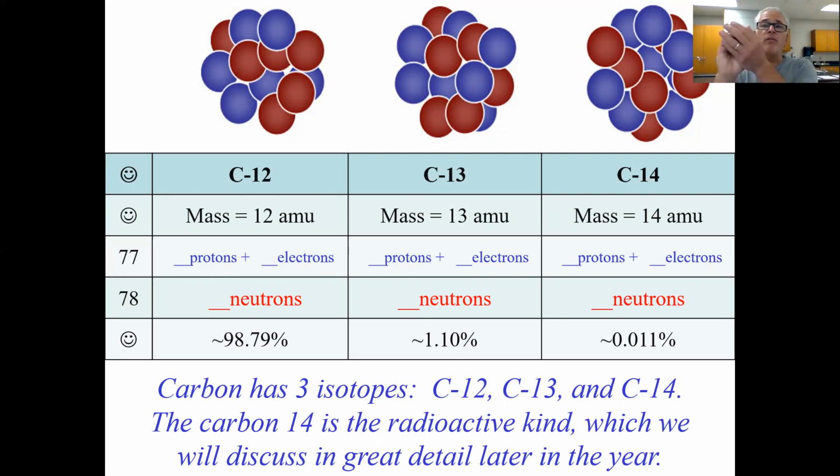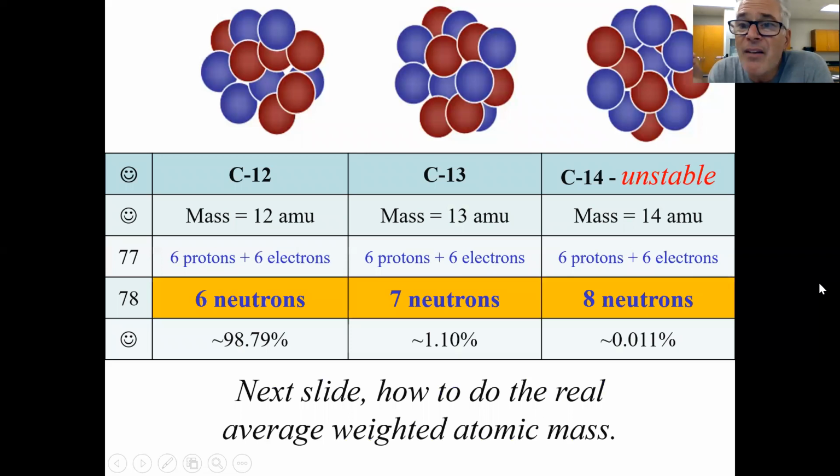So if your mass is 12, carbon 12, and take 6 protons away, you got 6 neutrons. If your mass is 13 and you take 6 away, well, you got 7 neutrons. And carbon 14, look at this. Carbon 14 would have 8 neutrons. Now, something bright red in that top row. Carbon 14 is unstable. What the heck does that mean?